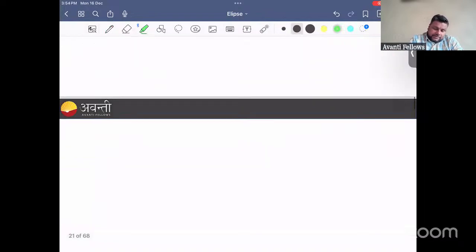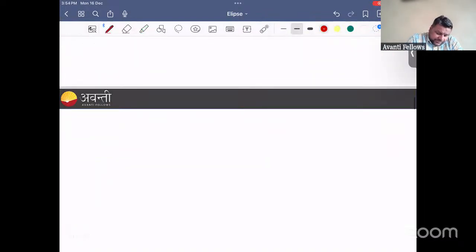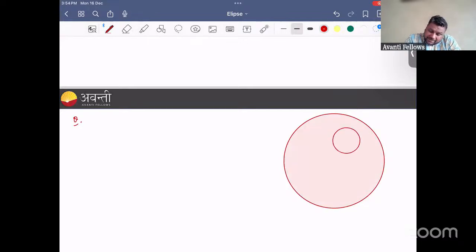Now, let's do a very good question that once came in IIT also. See, there are two circles. One lies inside the other one. This is one circle, this is another circle. This one is its center, and this one is its center.